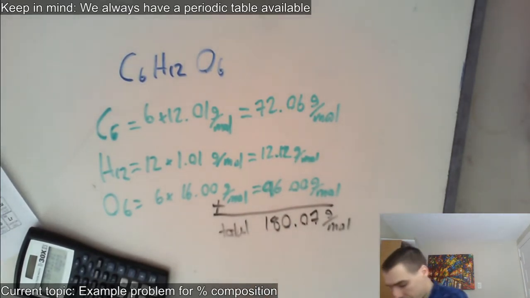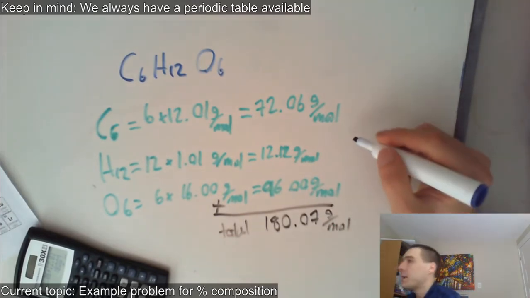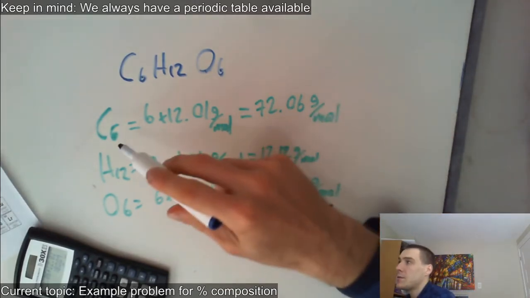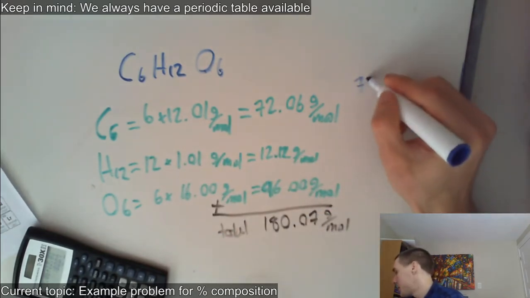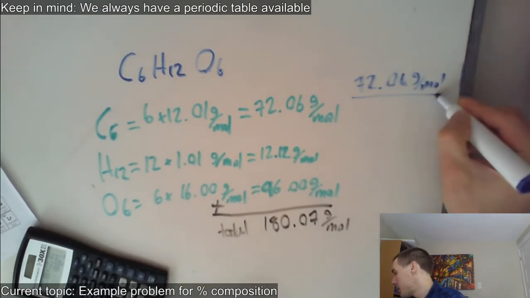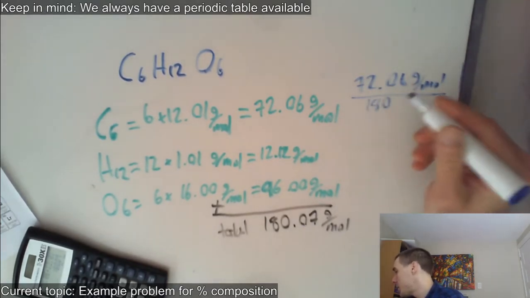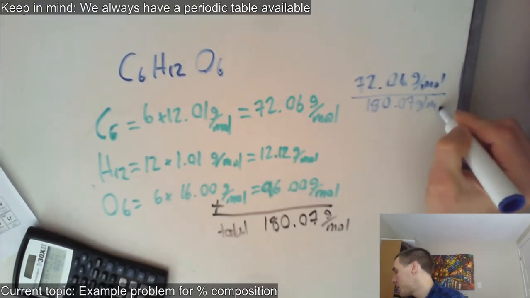And then if I want percentages, I would just take each individual atom and divide it by the total. So 72.06 grams per mole divided by 180.07 grams per mole.